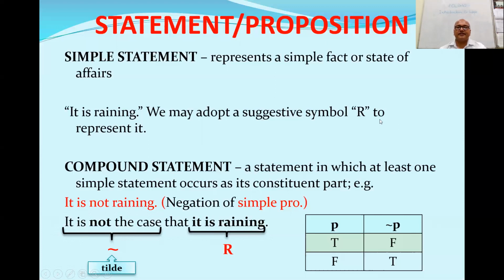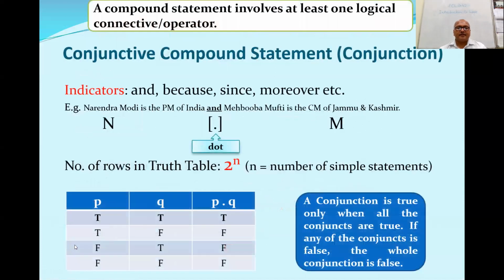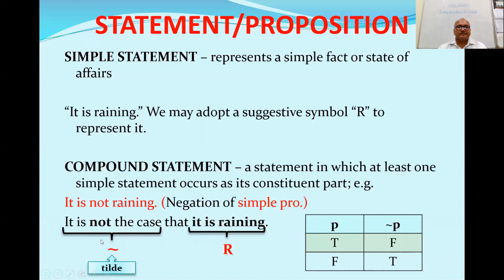Now you have seen that we have adopted the R symbol for this simple statement. So we are keeping this symbol here also. Now consider, it is not the case. This is the negation of this simple statement, right? So in logic, we adopt this particular symbol on your computer keyboard called tilde.